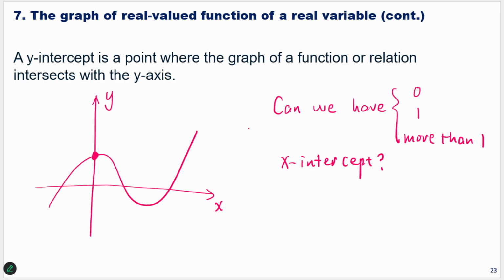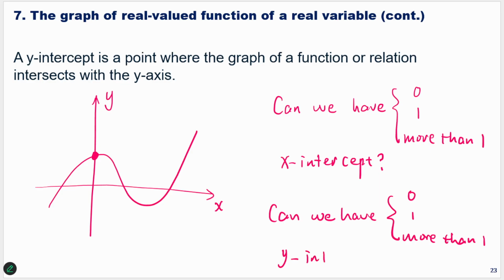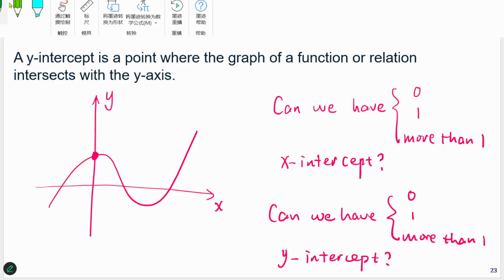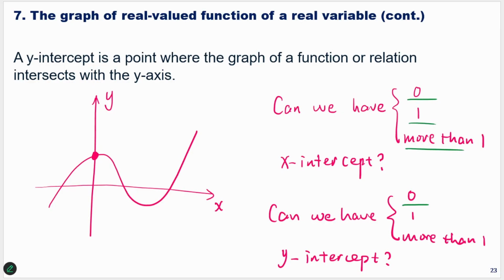What's your opinion? And similarly, can we have 0, 1, or more than 1 y-intercept? Yes, we can. I think we have 0 x-intercepts if you have like the horizontal line. Which one are you talking about? Okay, let's say 1, 2, 3, 4, 5, 6. 6 questions. How about the first one? Can we have 0 x-intercept?